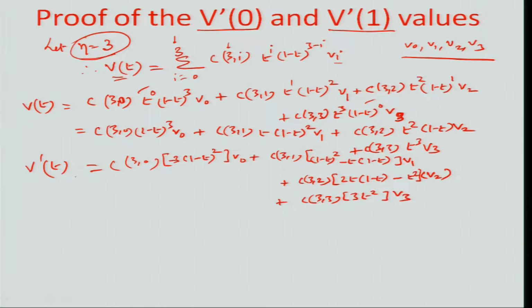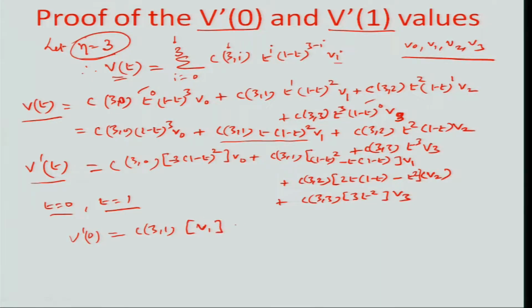So, that is how you define the v dash t, and if you correspondingly put the value of t equal to 0 and t equal to 1, so that the end points emerge out of it, and I substitute this value here, the v dash 0 corresponding to t equal to 0 now comes out to be equal to C31 v1 minus 3 times of C30 v0.